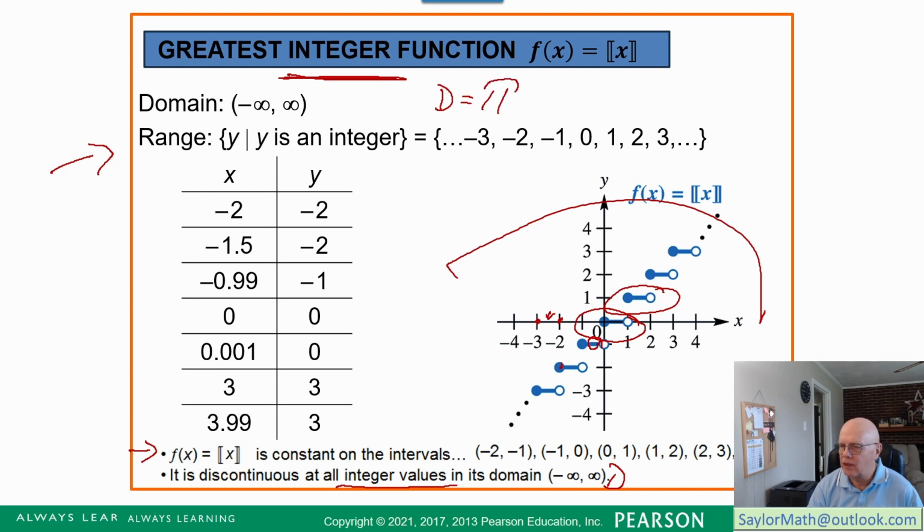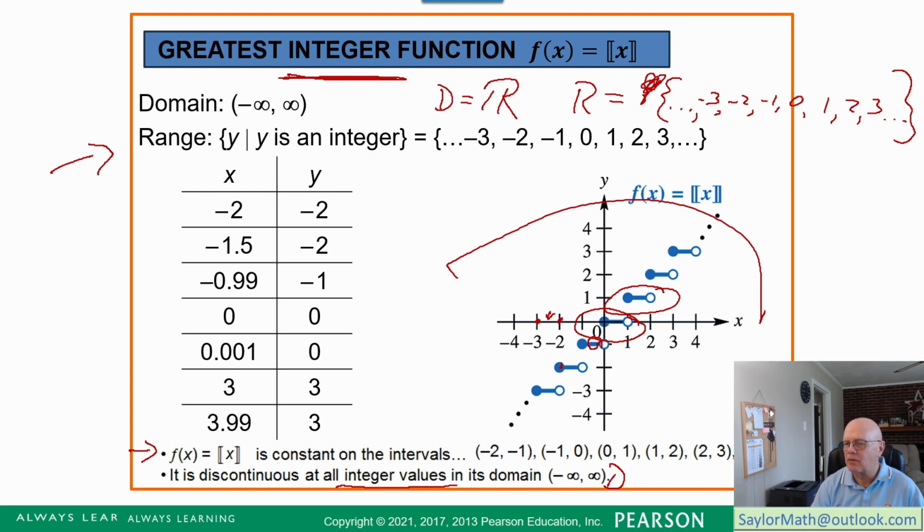So the domain, you can put anything in for x, but the range only has the integers. So dot, dot, dot, -3 is a possible answer, -2, -1, 0, 1, 2, 3, and so on, all the integers. But for x's, any number will do.